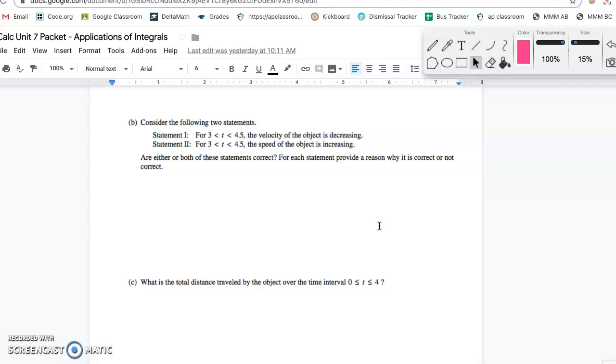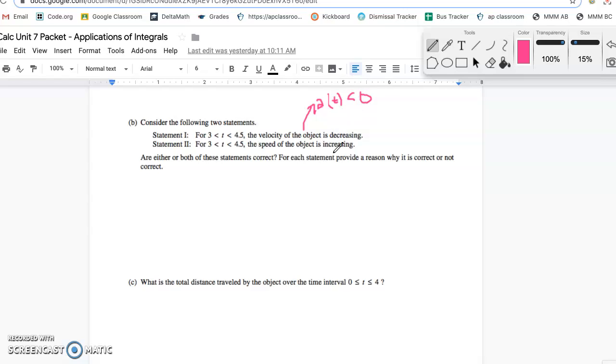If the velocity of the object is decreasing, what that means is that it's not v of t, it's a of t, because the acceleration determines how the velocity changes. So a of t is less than 0. So that's the first one.